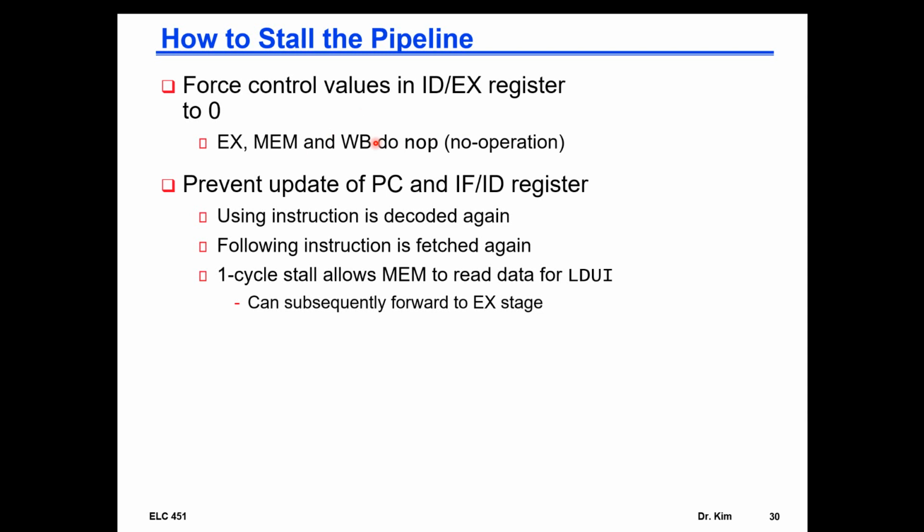One of the big things that the control and the stall has to do is to prevent the program counter from being updated. So we have to inhibit. And that's why I also make a lot of emphasis on using enabled registers.